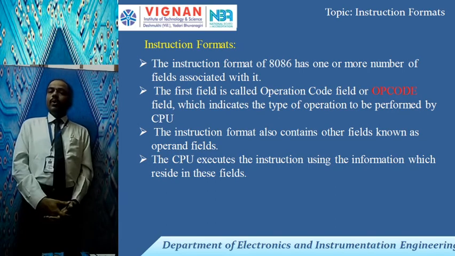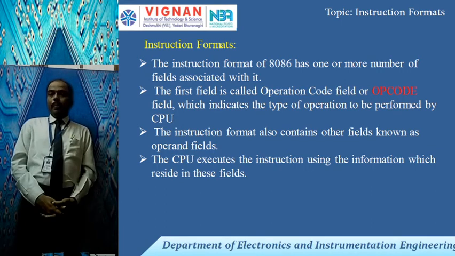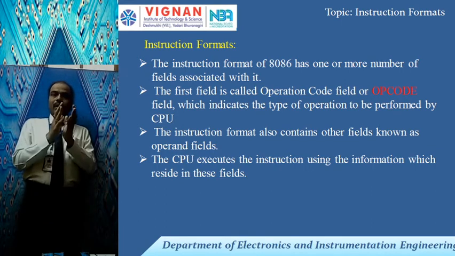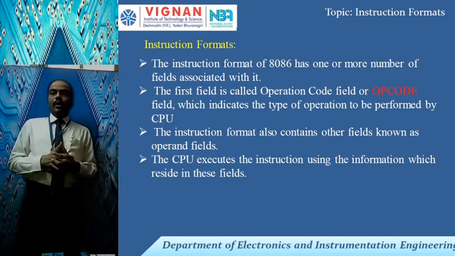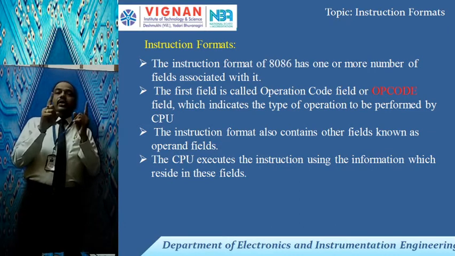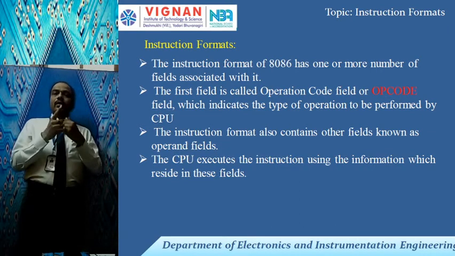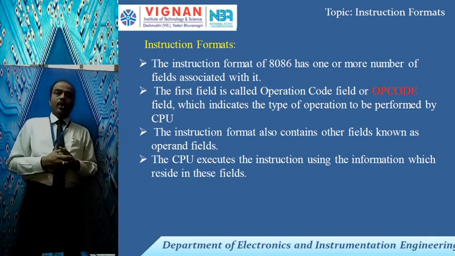For example, take an addition, 2 plus 3. The plus is the operation code that indicates the operation to be performed, which is addition. So plus is the addition opcode, and 2 and 3 are called operands. Using 2 and 3, the CPU can execute the addition operation.